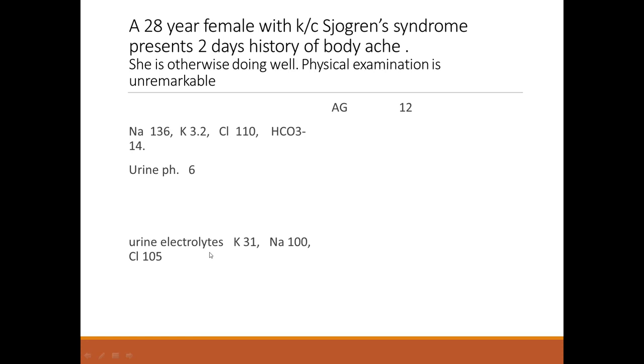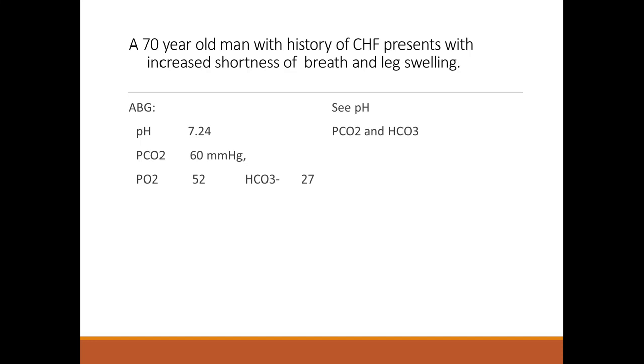We know sodium plus potassium minus chloride is the formula, and there's no role of bicarbonate, as bicarbonate is usually a very negligible amount in the urine. So it is normally a positive urine gap, but it's more pronounced in cases of renal tubular acidosis. So urine gap 26, type 1 RTA, and this is a very well-known association of Sjogren syndrome.